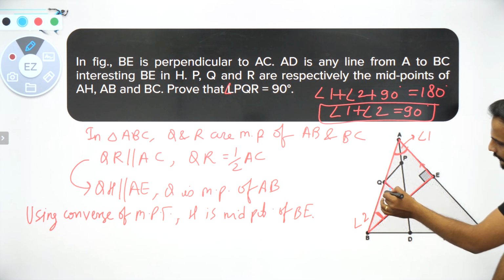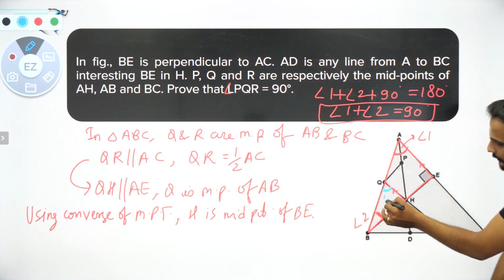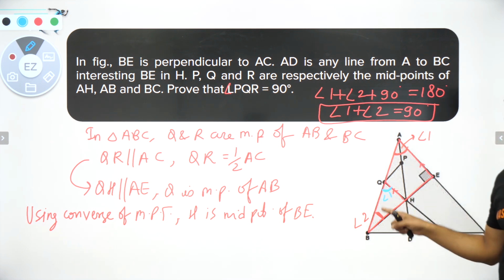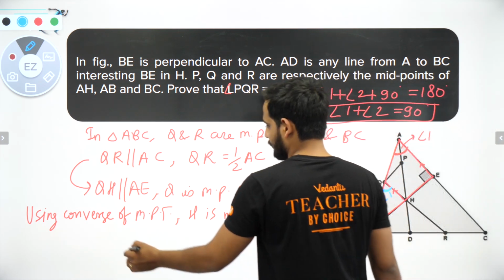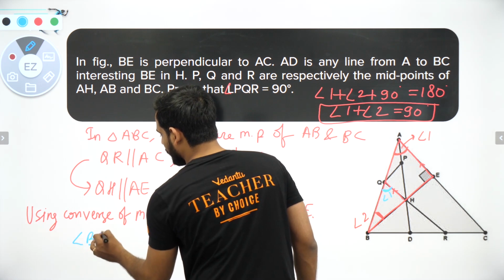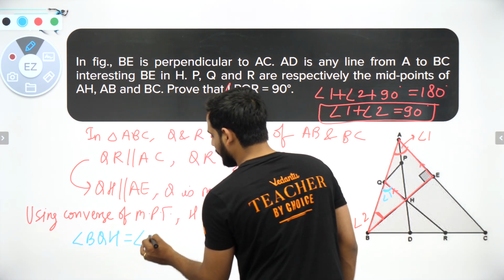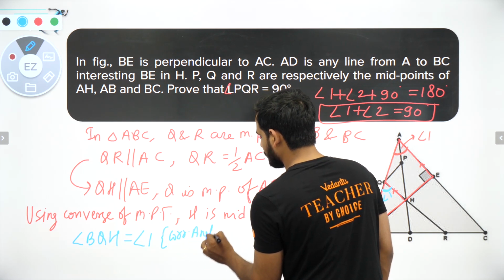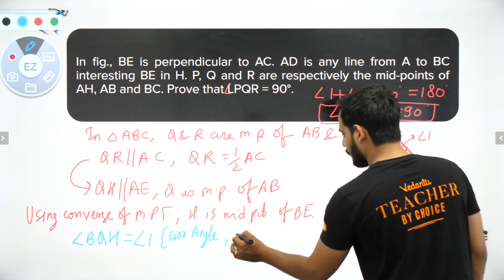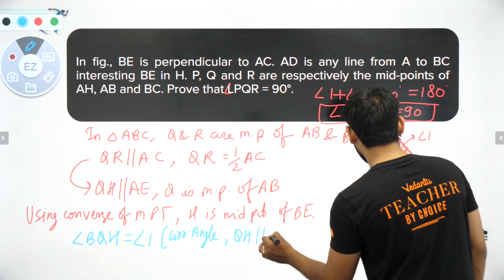So whatever this angle is, the same should be this angle. So I can say this will be angle 1 using corresponding angles. So angle BQH will be equal to angle 1. Why? Corresponding angles, because QH is parallel to AE.